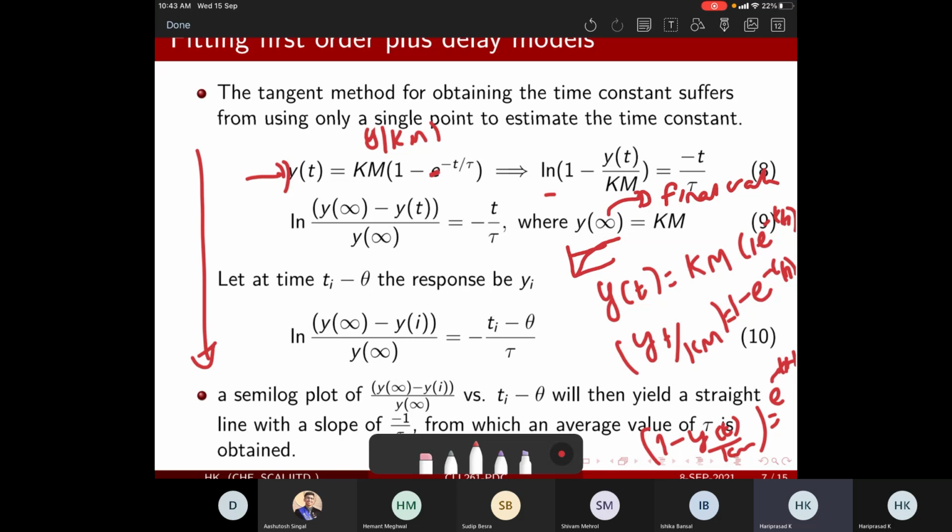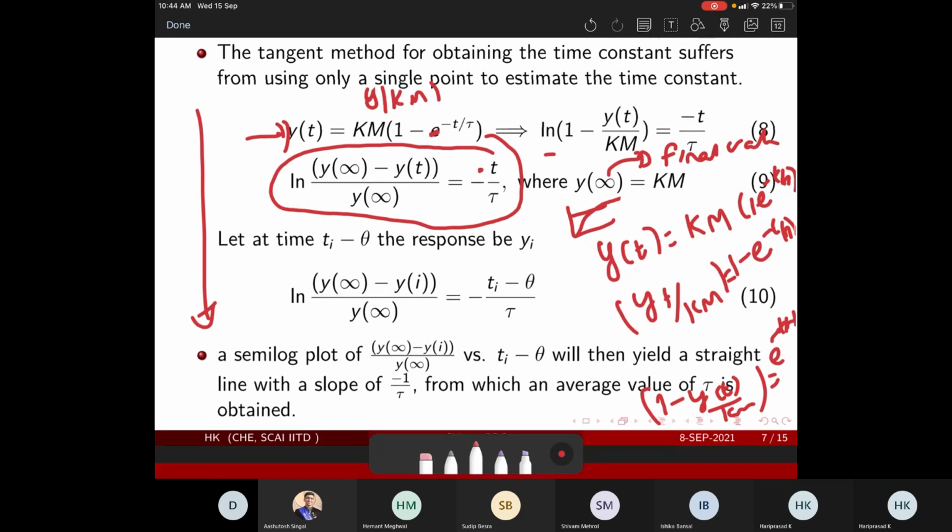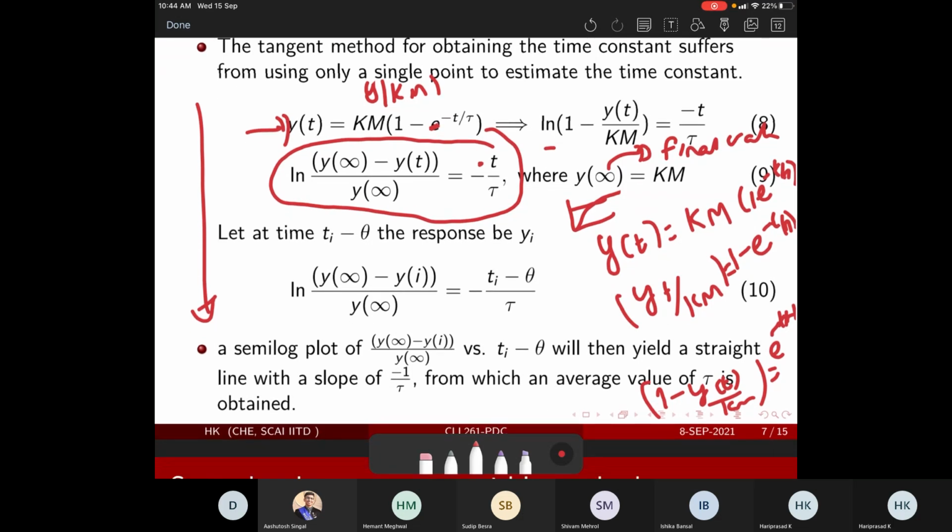So (y(infinity) minus y(t)) by y(infinity) is equal to e raised to minus t by tau. Now you can plug in t and y(t) and compute each of these terms, so technically speaking, this should have been the case.